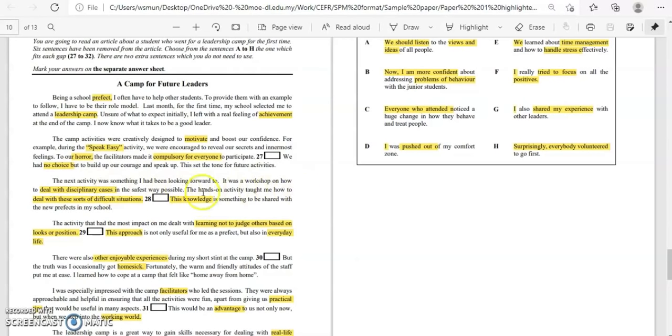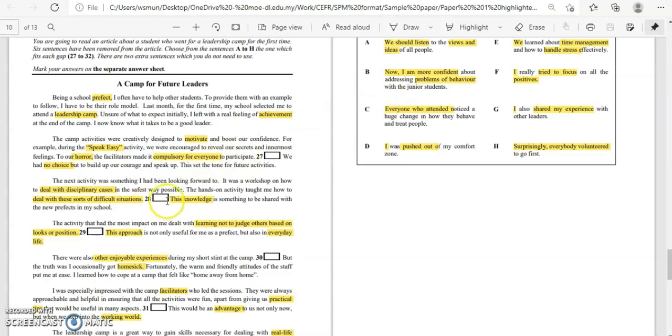This paragraph talks about workshop on how to deal with disciplinary cases. Out of the options given, there is only one sentence that talks about disciplinary problem. That is sentence B. Now try to fit this sentence in the gap and read again the sentence before and after it to check if it's correct.